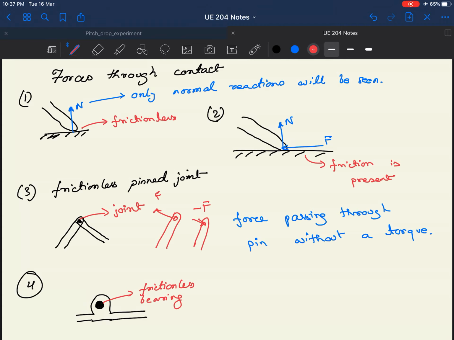So the frictionless bearing will exert a force on the shaft, which again passes, just like the pin joint, through the center of the shaft, and no torque will be transmitted. Right.